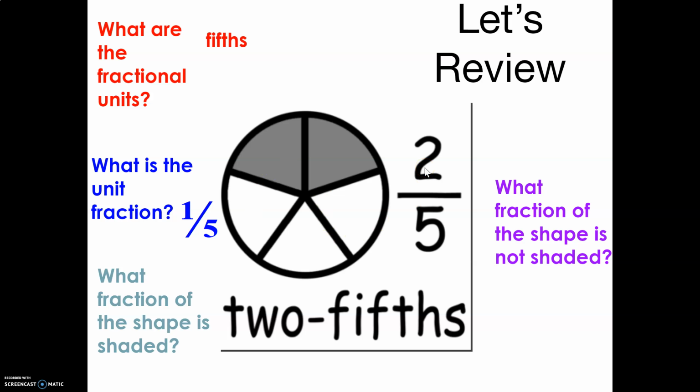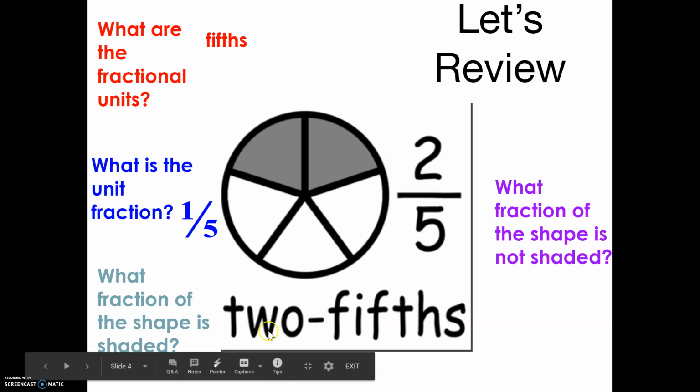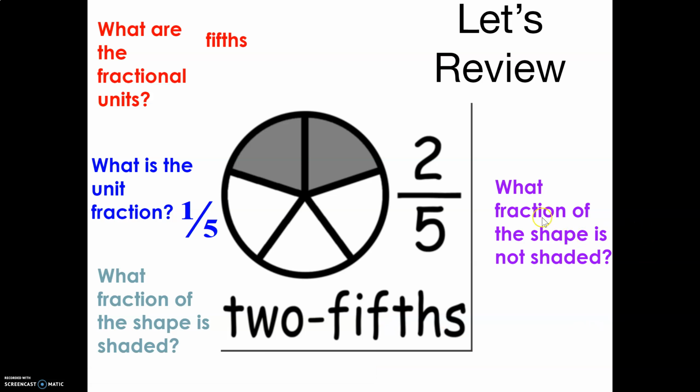2 represents how many are shaded. 5 represents the number of equal pieces. We could also write it in words as two fifths. Fractions can also give us the part of a model that is not shaded. What fraction of this shape is not shaded?